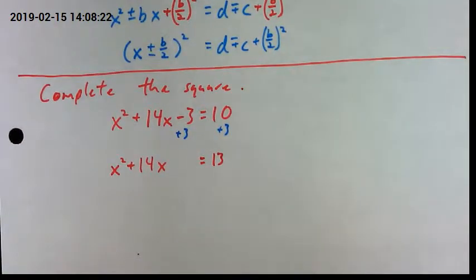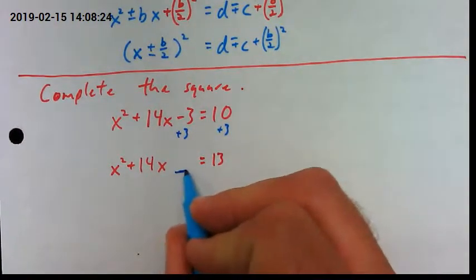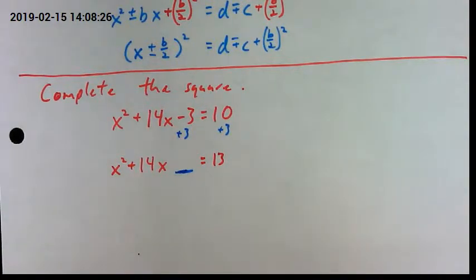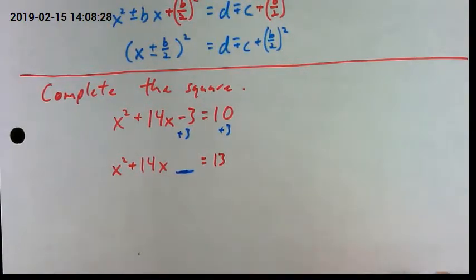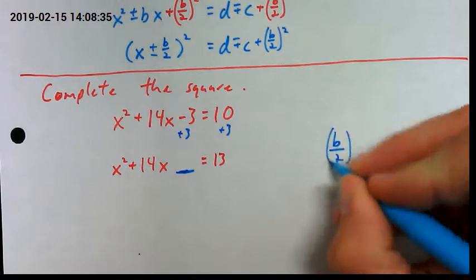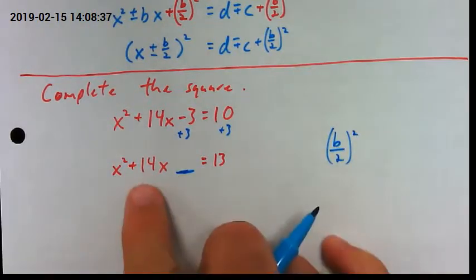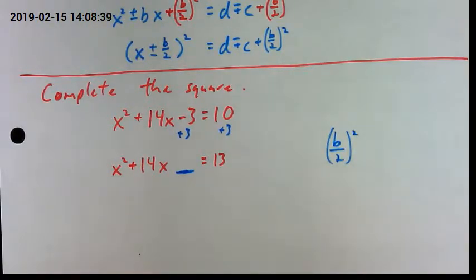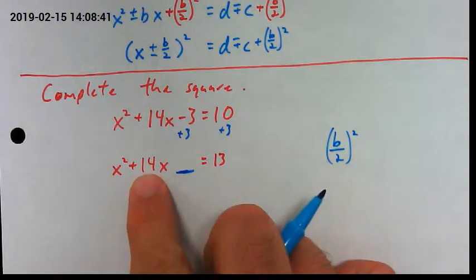Now, there is a value missing for this to be a perfect square trinomial, so we need to figure out what goes there. To do that, we take the b value divided by 2, and then squared. What was your b value? 14.